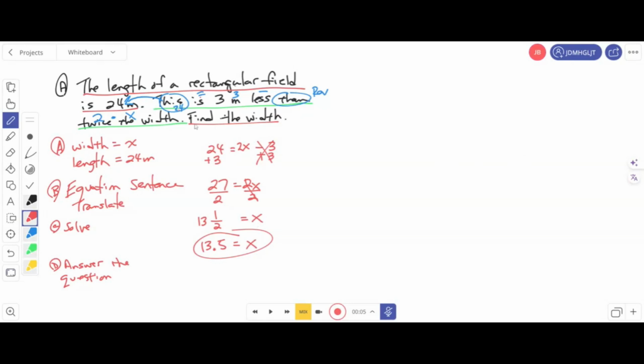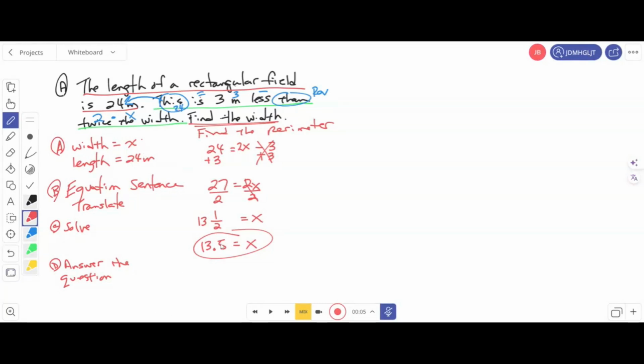This question right here could have easily said, find the perimeter. Well, the perimeter is not 13.5. That's the width. So you'd have to take 13.5 plus 24 plus 13.5 plus 24, add those up, all 4 sides, to get the perimeter.